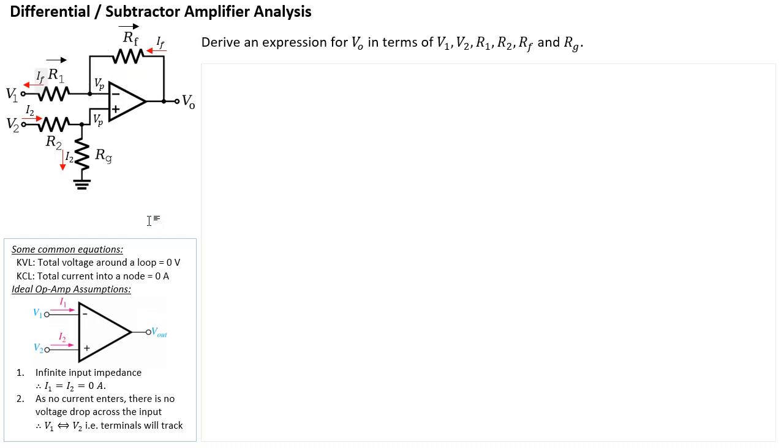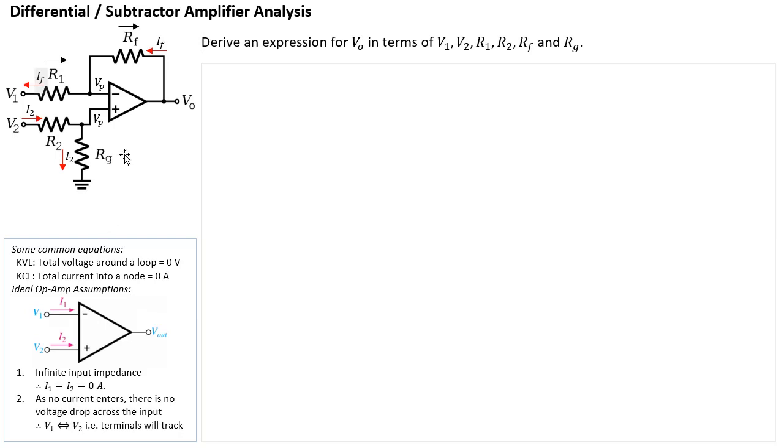You can actually solve this circuit in several ways. One of which is by using the superposition theorem, where you have a circuit with multiple sources, V1 and V2. But in this case, I'm going to solve it using KCL and KVL only.